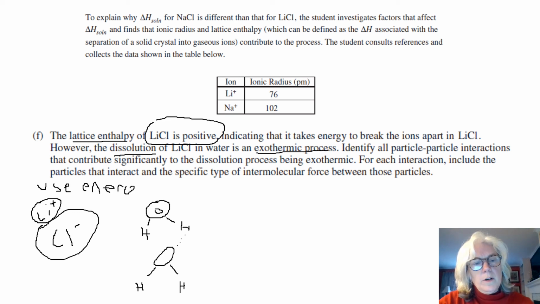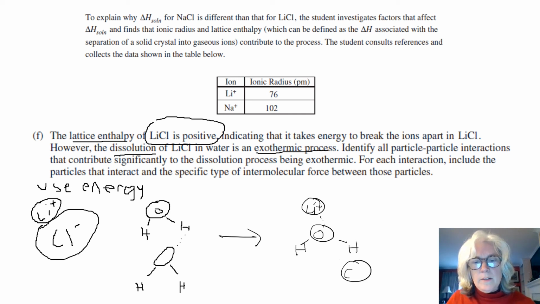And after that's done, I'm going to have my lithium ions, which are positive, and there's going to be some attraction between them and the negative end of my polar molecule, and then my chlorine ions are going to be attracted to the positive end of my polar molecule.